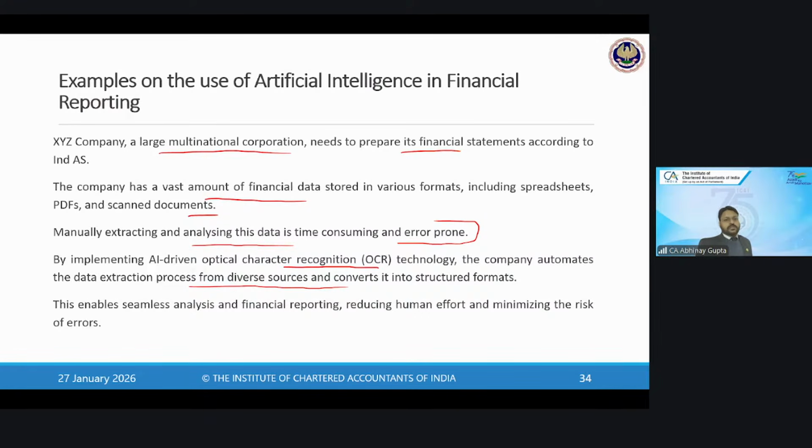So 10,000 customers, with one customer there are 2-3 agreements, and all in all 30,000-40,000 agreements are there, right? Now if a person is asked to analyze all these agreements, come up with the Ind AS 115 requirements, identify the performance obligations, and do all this analysis, and do the compliance with Ind AS 115.